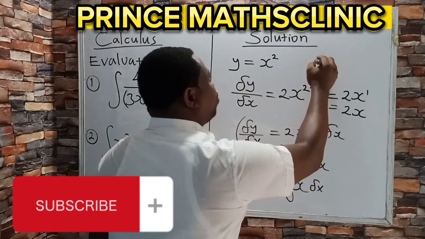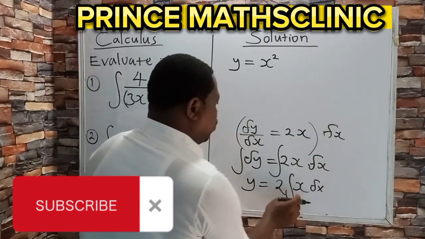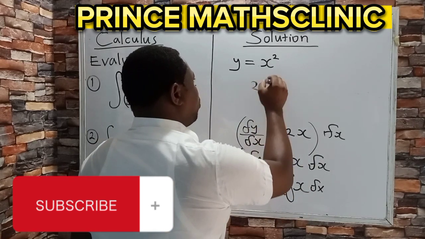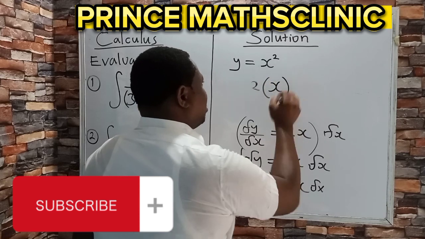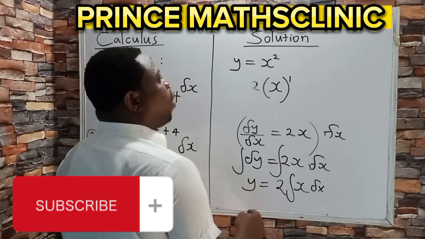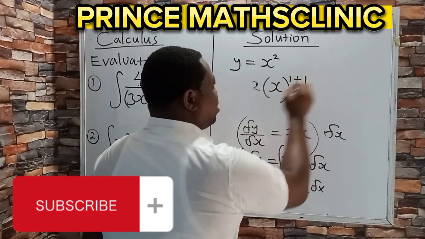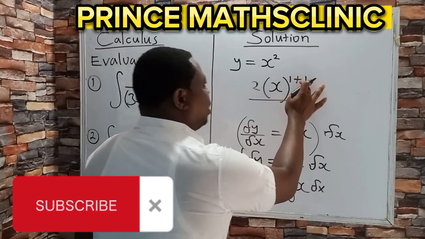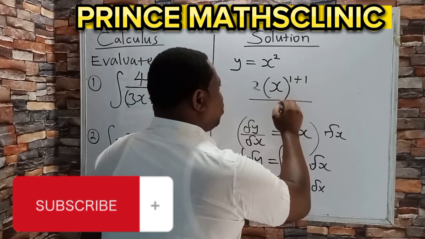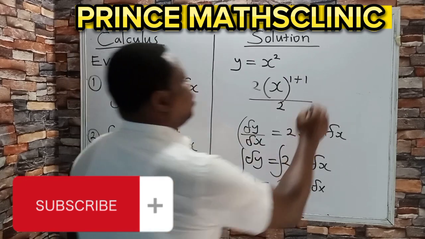So if you integrate this, you are going to say 2 into x. The power here is originally 1. We are going to add 1 to it instead of subtracting, so 1 plus 1 gives us 2.